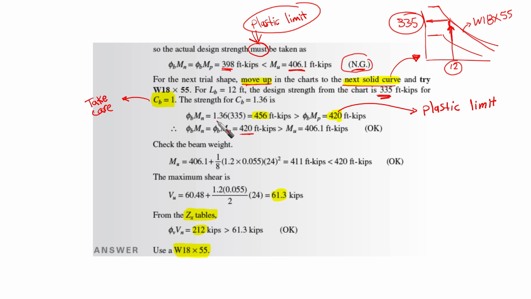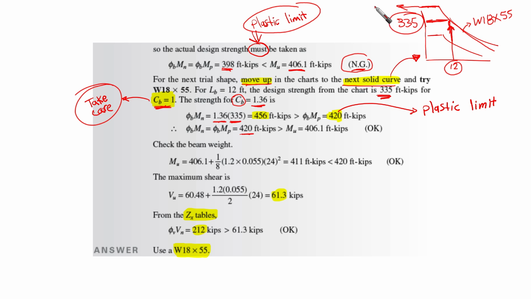So this means that for Cb equal to 1, take care, we're talking about Cb equal to 1 now. The strength for Cb equal to 1.36 is 1.36 times 335, which we already obtained. It must be less than this value. How much is this value?